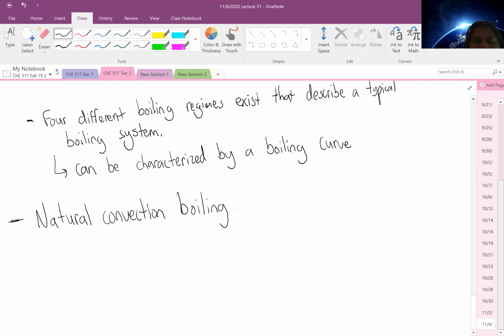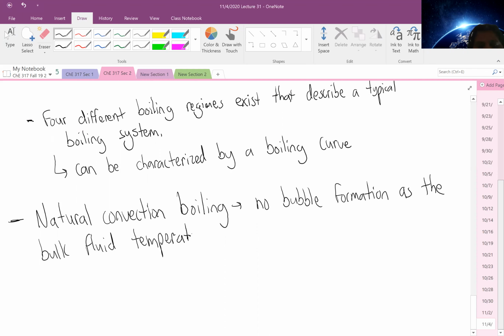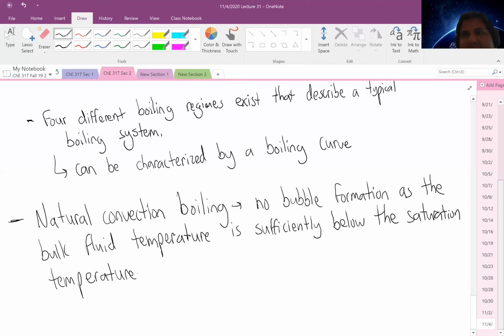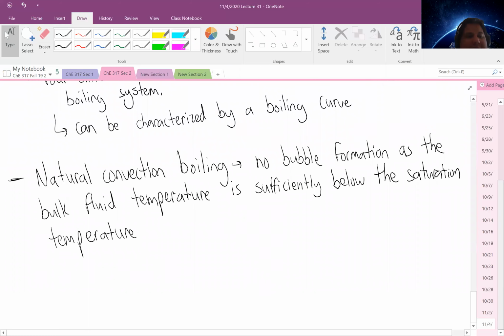What we find is that in this regime, we have no bubble formation, as the bulk fluid temperature is sufficiently below the saturation temperature, such that as that fluid gets heated at the bottom, natural convection is able to keep the fluid circulating such that no appreciable amount actually vaporizes at that solid fluid interface.